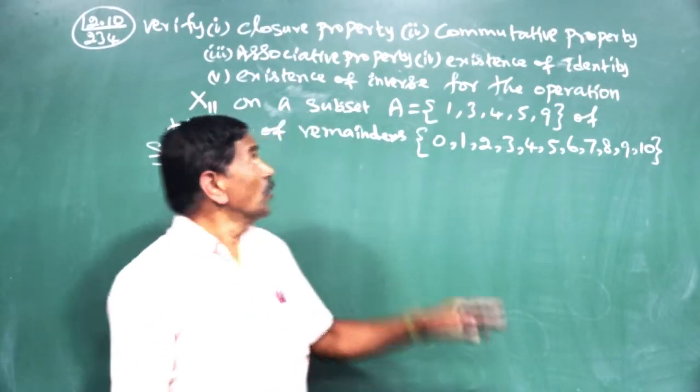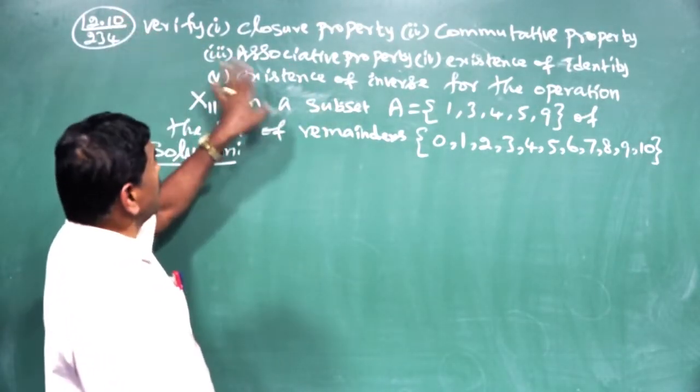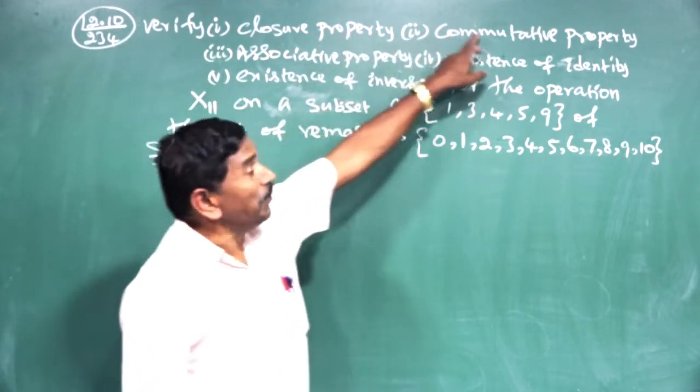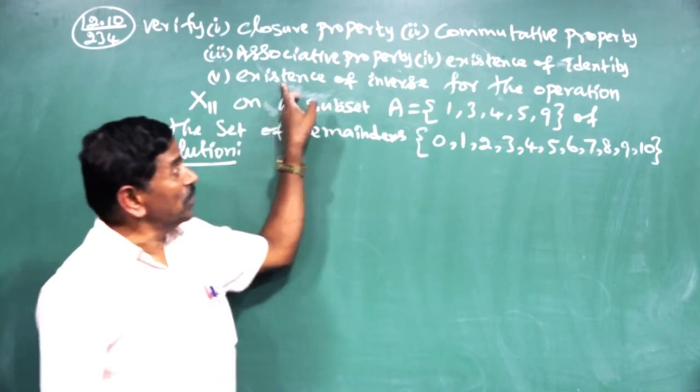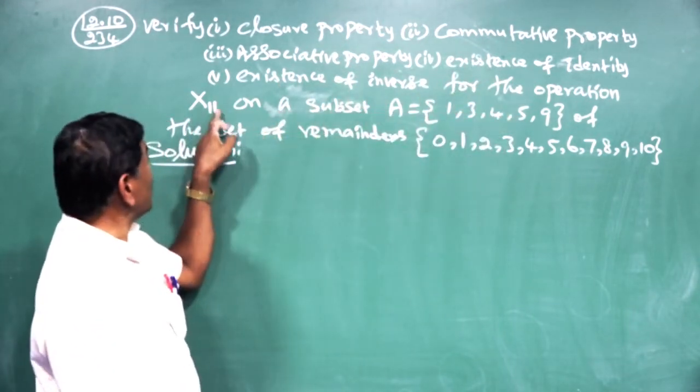Children, listen. Now example 12.10. Verify closure property, commutative property, associative property, existence of identity, existence of inverse for the operation multiplication modulo 11.